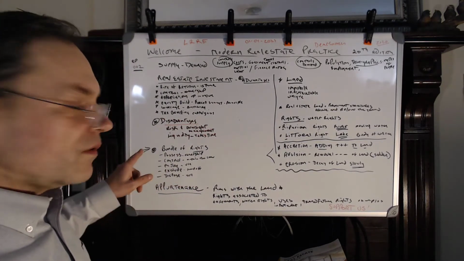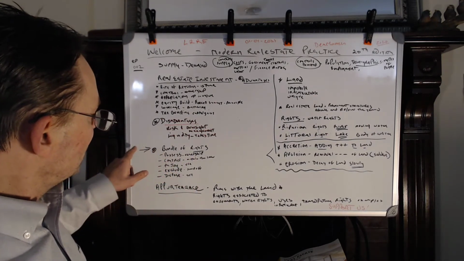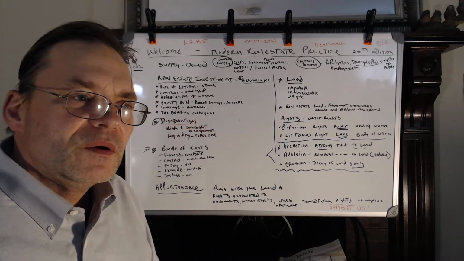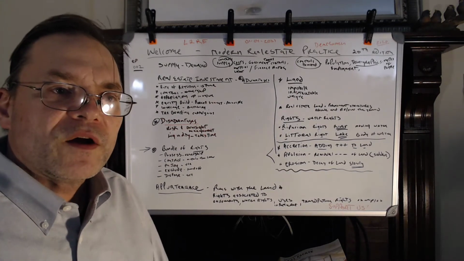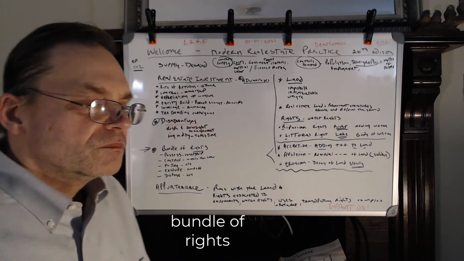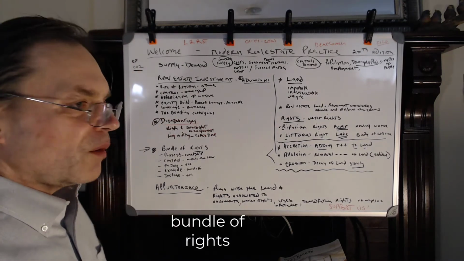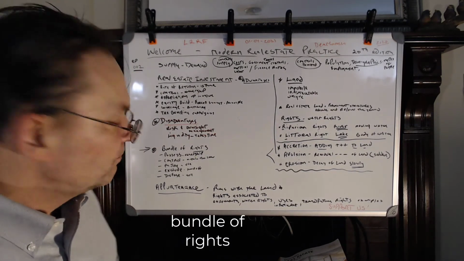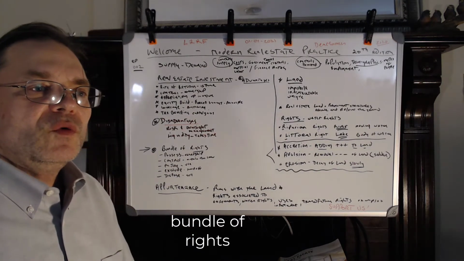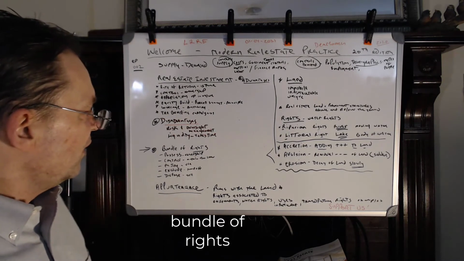Another thing I wanted to talk to you about is when you have property, what do you acquire when you buy a piece of property? It's called a bundle of rights. Bundles of rights are given to you when you buy a piece of property.